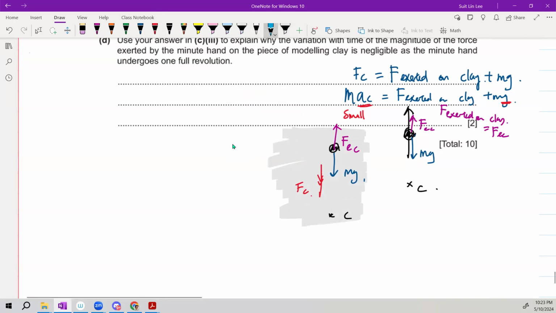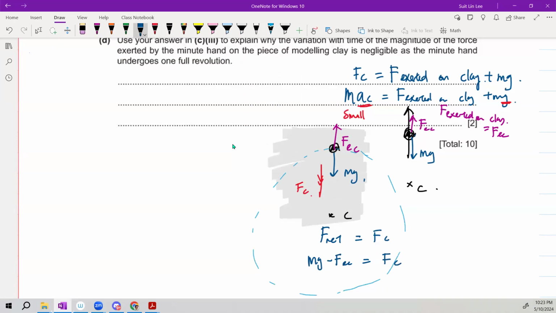The center of rotation is here. So net force is equal to centripetal force. Mg minus FEC is equal to centripetal force. Something like this. Okay lah, we write down lah. 2 marks only, don't think too much.